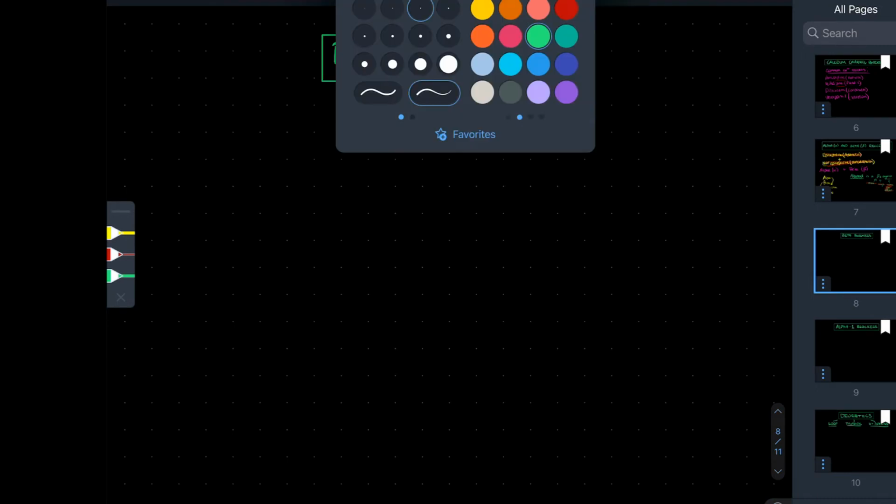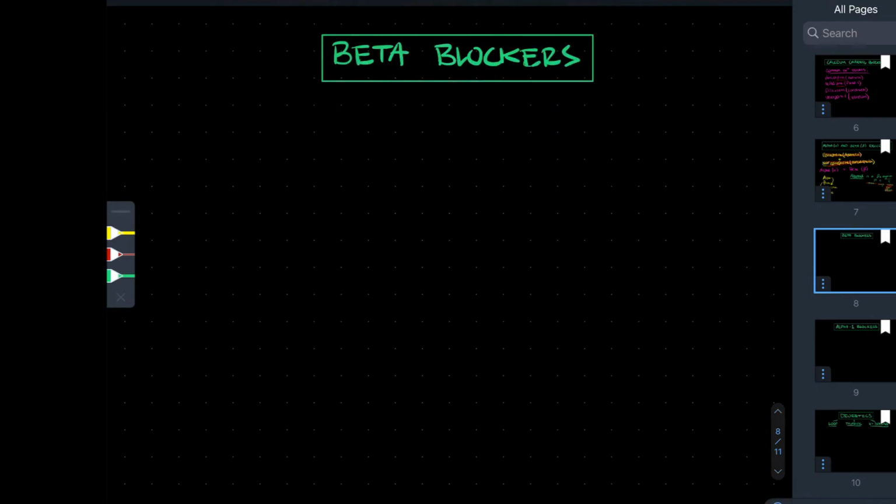So, let's talk about beta blockers. Beta blockers are also called beta antagonists, because remember, antagonists are blocking. So what they do is, let's get our cardiac tissue again.